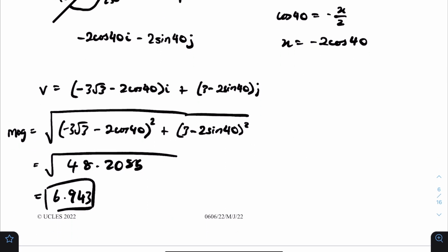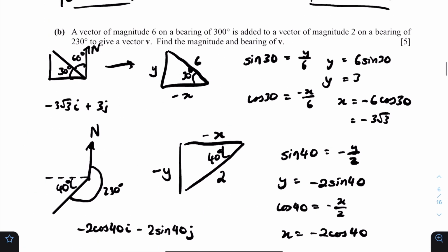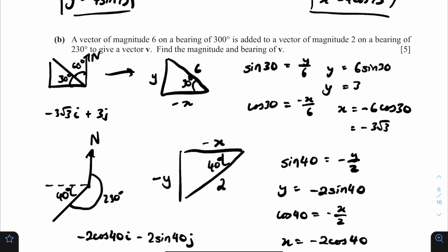So we know that, okay, I'm just going to reread the question a bit. Again, I'm doing this for the first time as well, so I'm just trying to still figure it out as well.